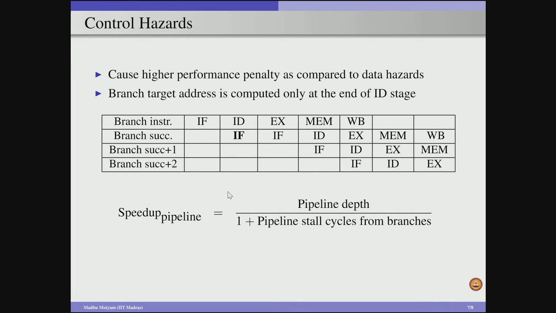As I mentioned previously, the speedup that we achieve with pipelining is equal to the ratio of pipeline depth to 1 plus the pipeline stall cycles per instruction. If we do not have any stalls because of structural hazards or data hazards, and all our stalls are because of control hazards, then we compute the number of stall cycles that happen because of the branches.